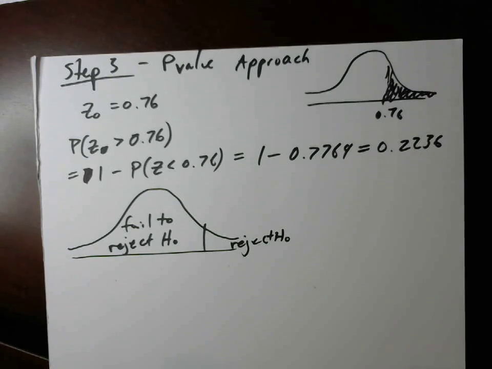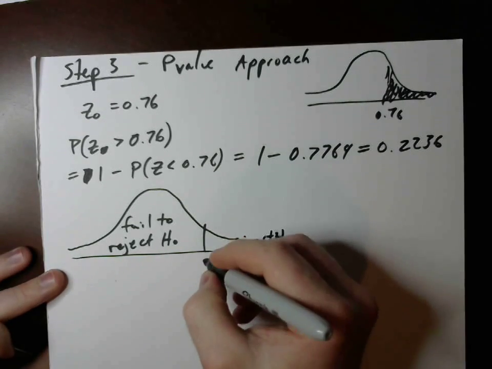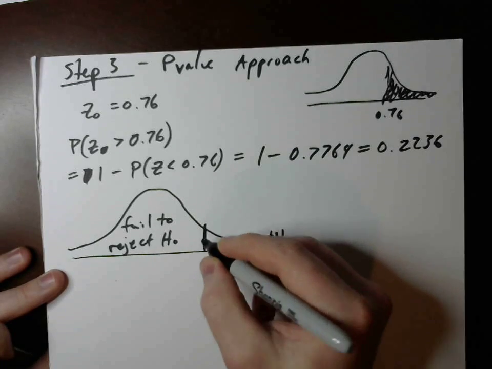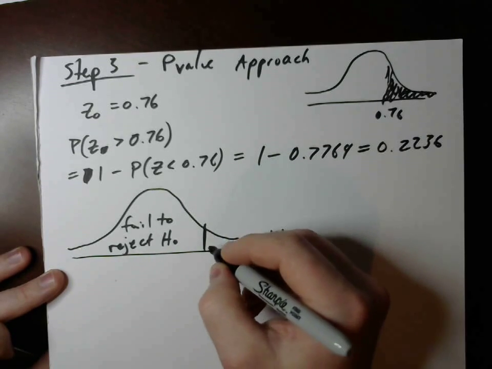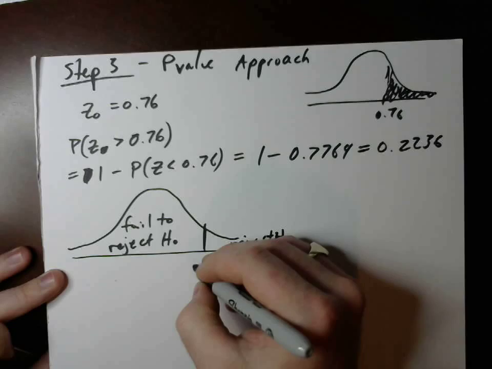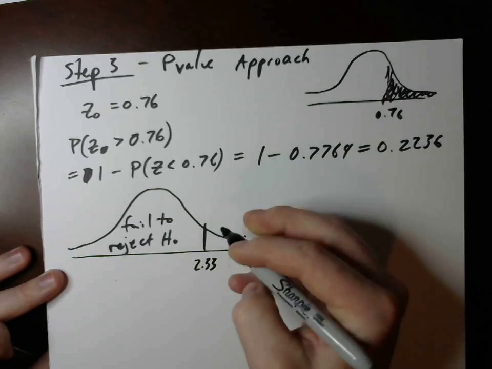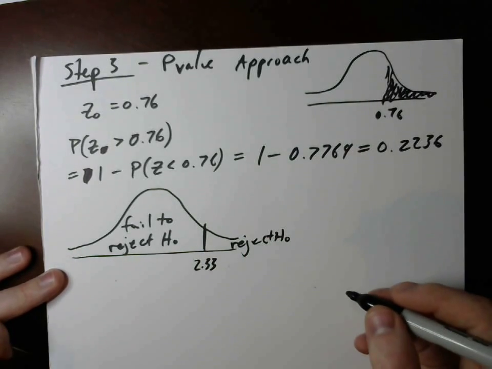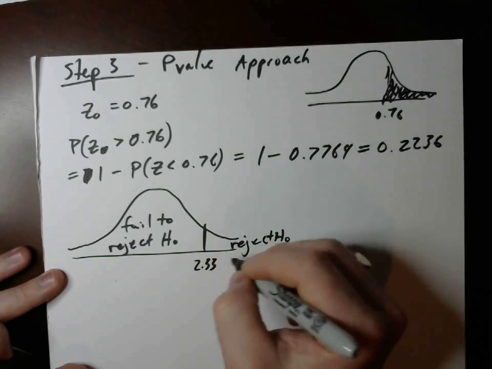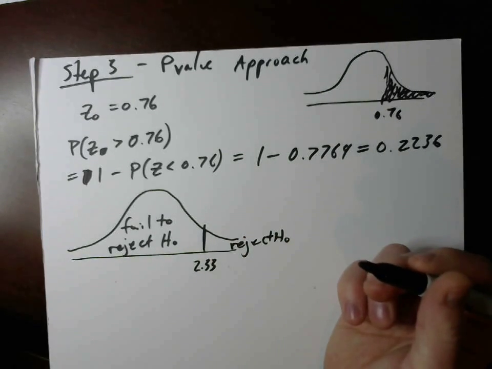Imagine that we have this critical region, in this case 2.33. The area to the right of 2.33 is alpha.